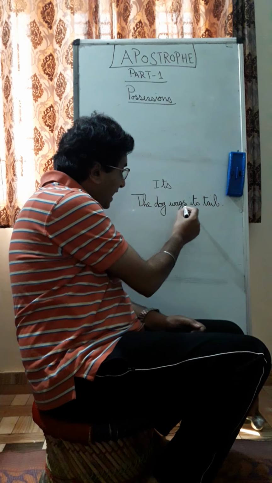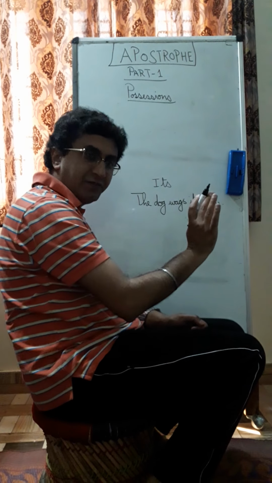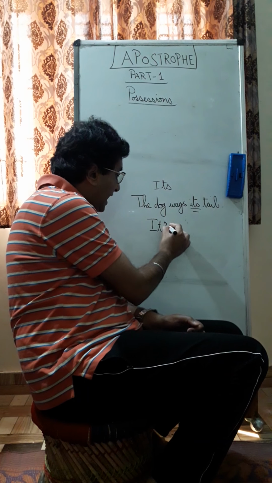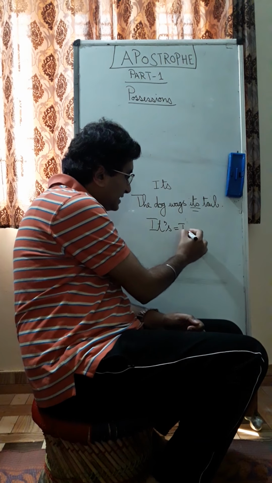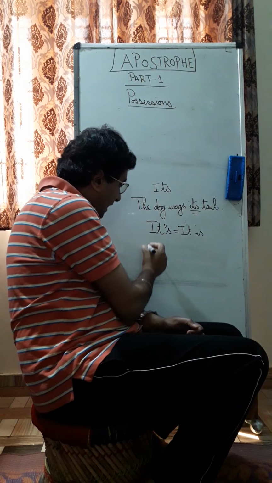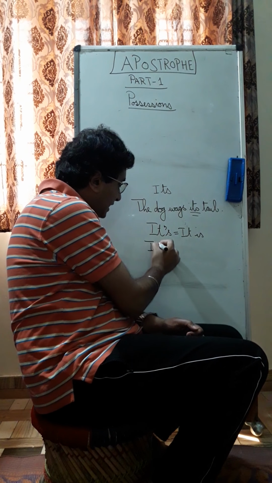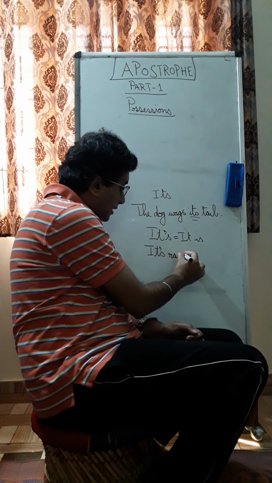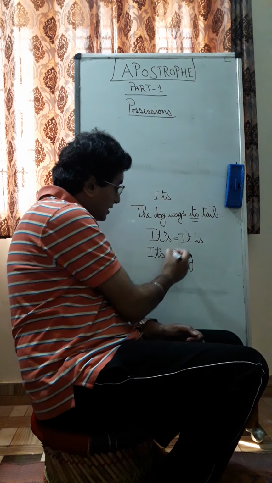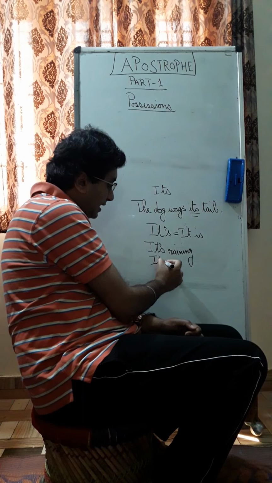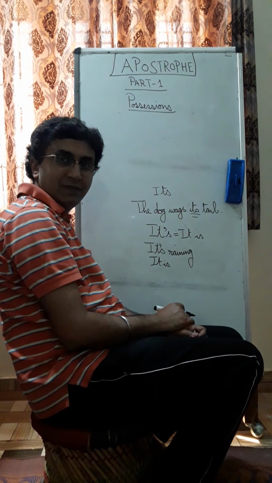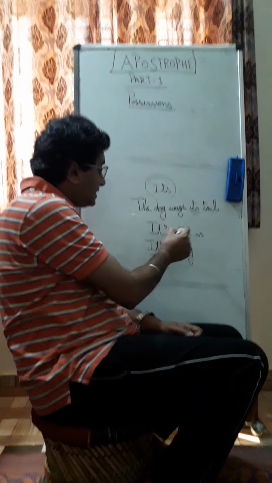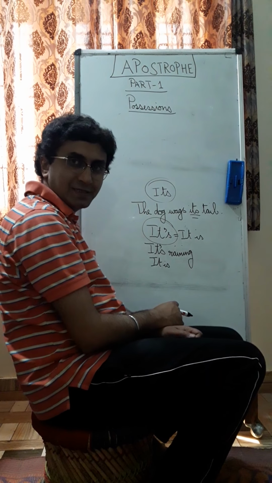So the dog wags its tail, no apostrophe. Because if I say it apostrophe S, it becomes it is. So what would happen if I say it's raining? It would mean it is raining. So remember this. The most confusing one is this: its and it's.